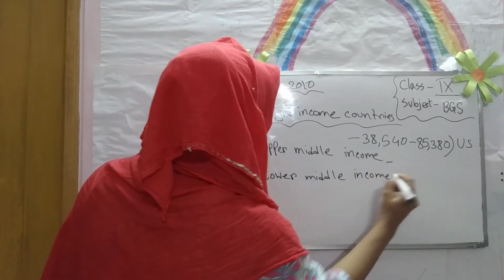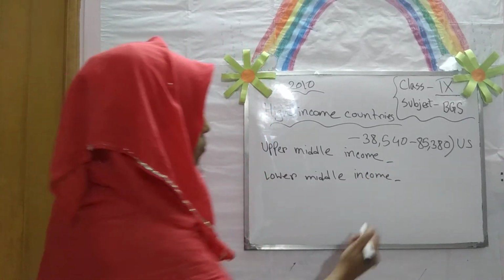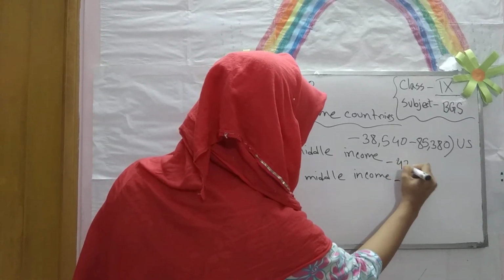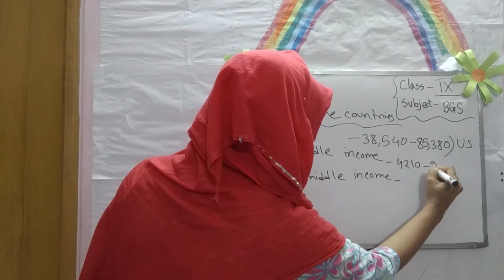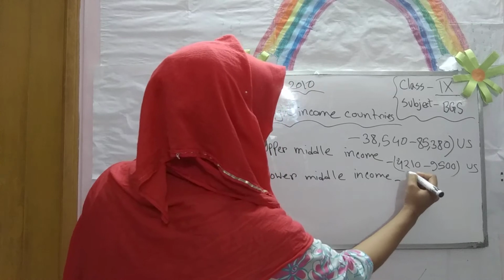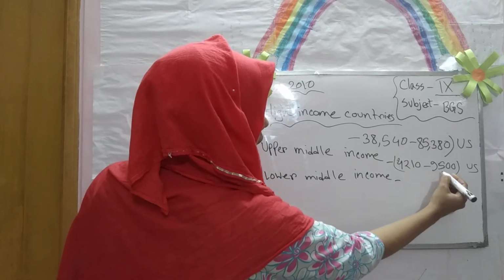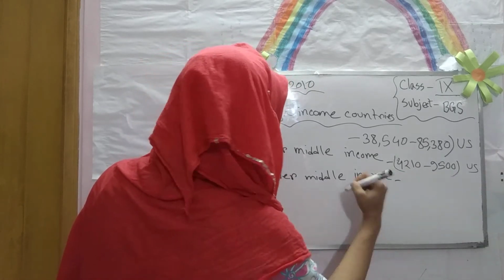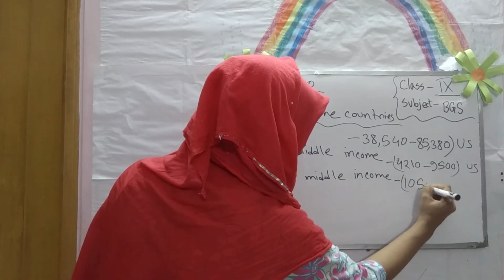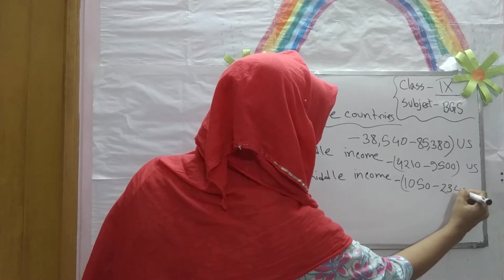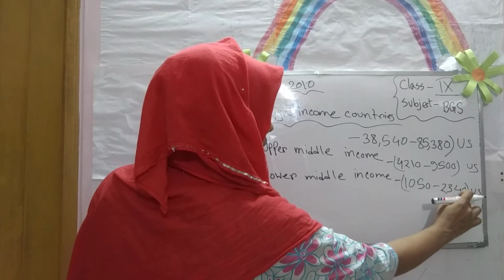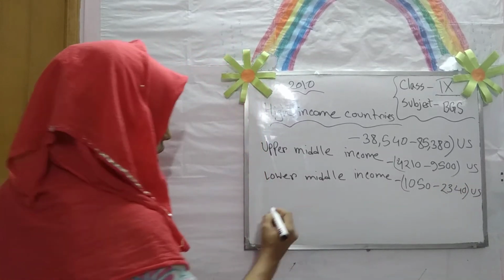According to 2010, their per capita income was 4,210 to 9,500 US dollars for upper middle income, and lower middle income per capita income was 1,050 to 2,340 US dollars.